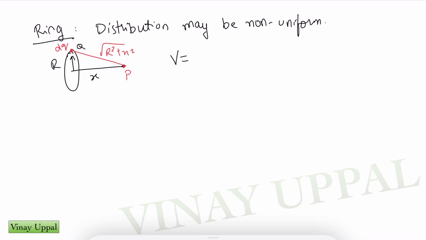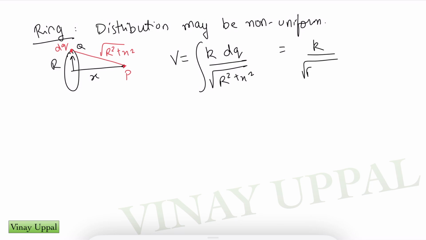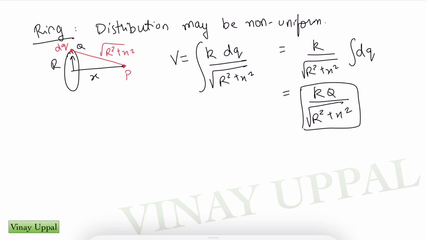So if I write the potential of the ring as the sum of potentials due to individual point charges, I just have to integrate. You can see that all of this is a constant, and you will end up with simply the integral of dq. Here we have not assumed anything about the distribution of the charge, so that may be uniform or non-uniform. So this will be the potential due to a ring, whether the distribution is uniform or non-uniform.